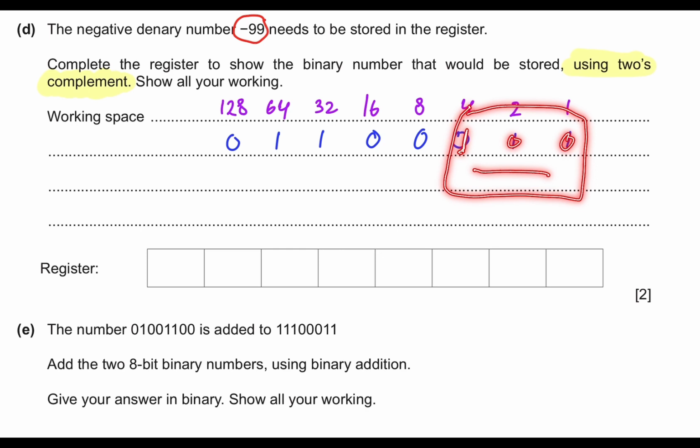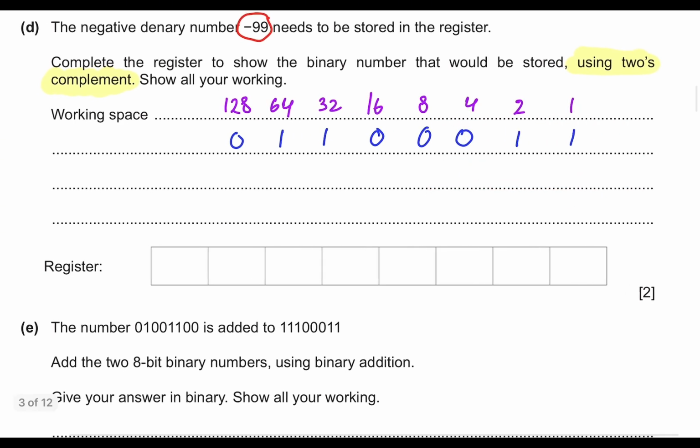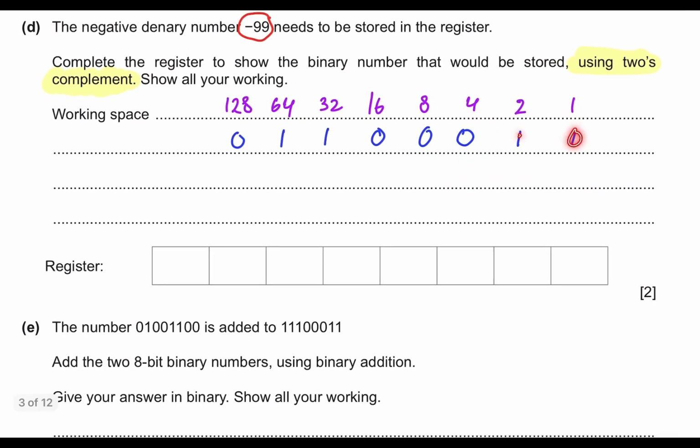For example, if this was 0 0 1, it would remain the same. Once you see a 1, you have reached the 1, so all the other numbers will become the opposite. So the rule is, until you see a 1.